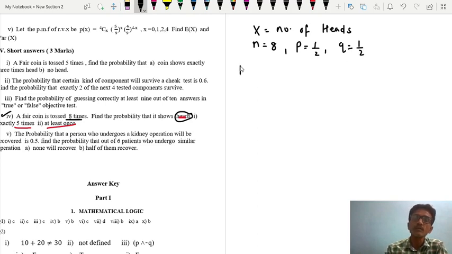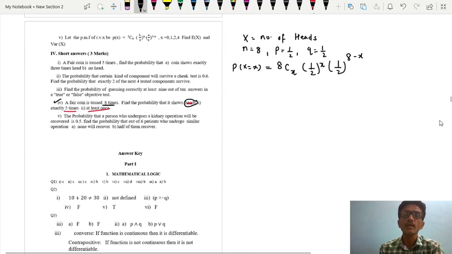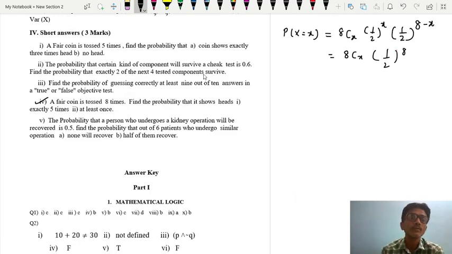So we can construct the formula P of x is equal to 8Cx, P is 1 by 2 raised to power x, and Q is also 1 by 2 raised to power n minus x, meaning 8 minus x. As both are the same, therefore P of x is equal to 8Cx 1 by 2 raised to power 8.